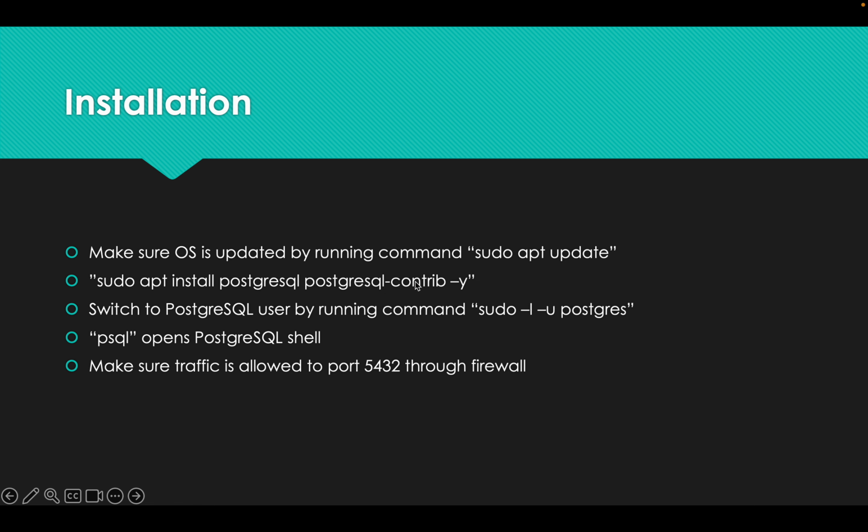This just installs the contrib package, which includes the additional tools and extensions that are necessary to manage the database. To switch to the user in PostgreSQL, you just want to run the command sudo -i -u postgres. And then to open up the interactive shell, you run the command psql. Again, make sure that traffic is allowed on your operating system. You might have to add some rules to allow traffic to port 5432, which again is the default port for PostgreSQL.